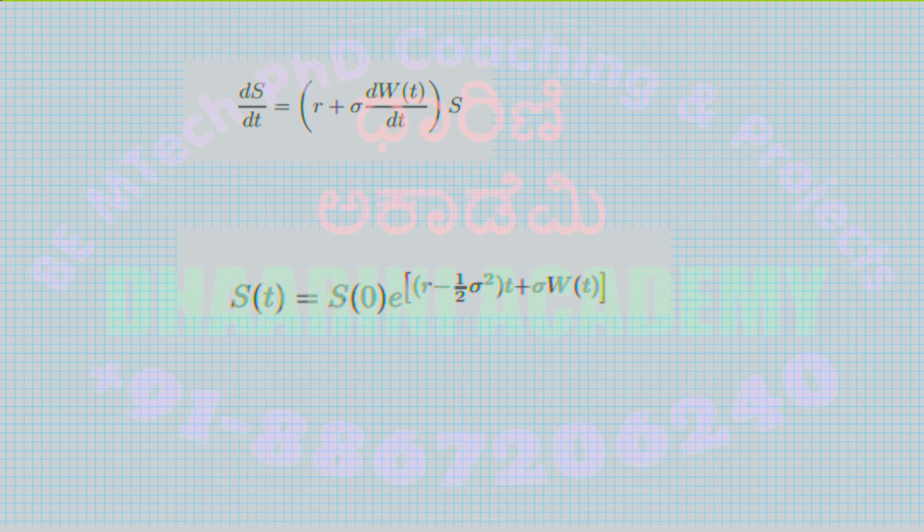That's the first part. In the exponential term, I have two parts. The first part is r minus half of sigma square into t, and the second part is sigma w of t. W is created already, sigma is defined, and r is also defined.